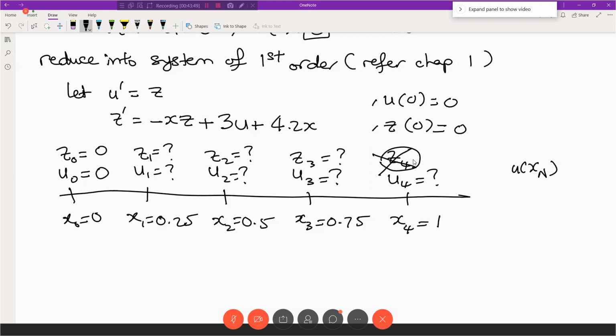So this is u of x4, so it is not necessary to calculate z4. How about z3? Yes, you have to calculate z3, because if you don't have z3, you cannot calculate u4.